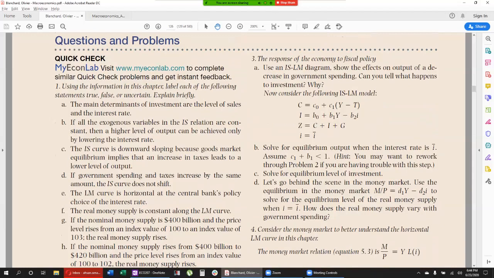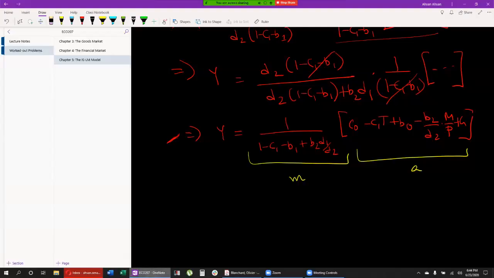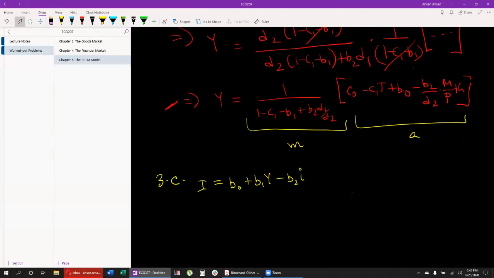Let's do part C. Part C is solve for equilibrium level of investment. So 3C, what we know is I is equal to B0 plus B1Y minus B2I. It's the equation that's given to us. And what can we do from here?